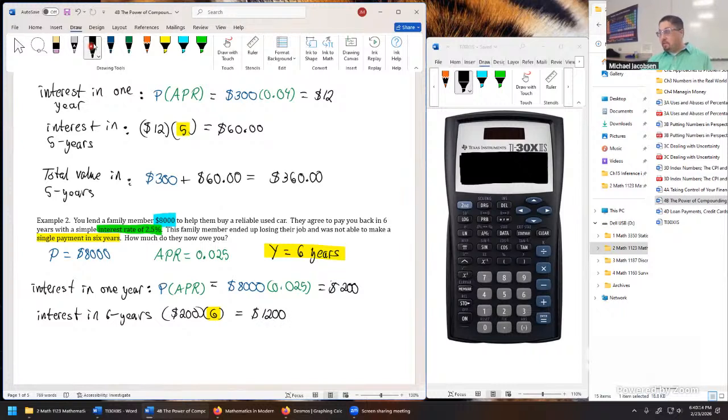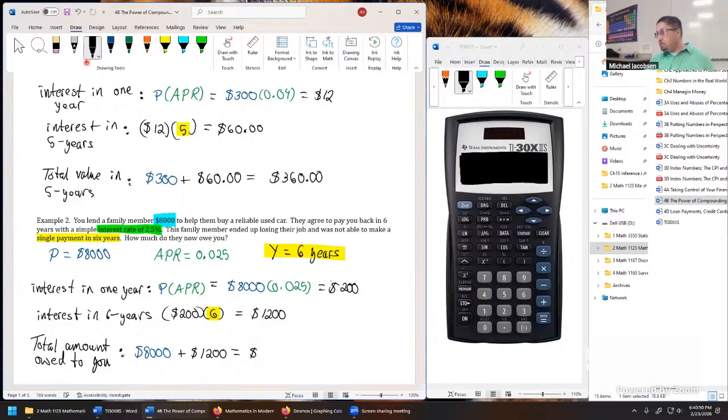But that's just the extra amount this person owes. The total value, or the total amount they now owe, let's phrase it in those terms to match the context. Total amount owed to you would then be the principal, 8,000, add on the simple interest of $1,200.